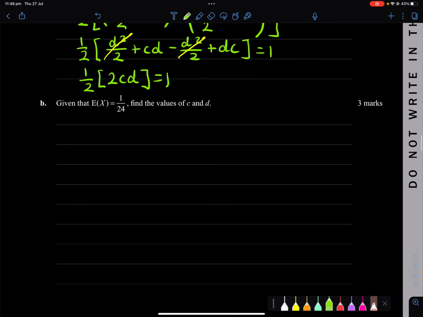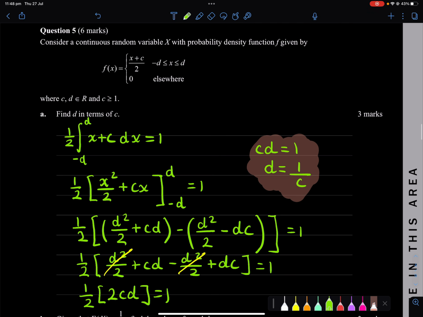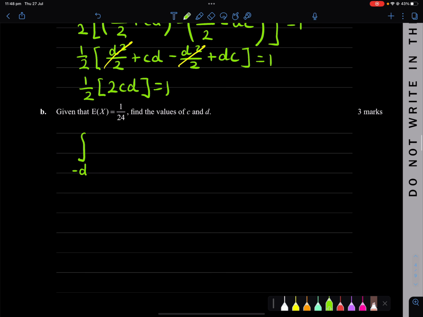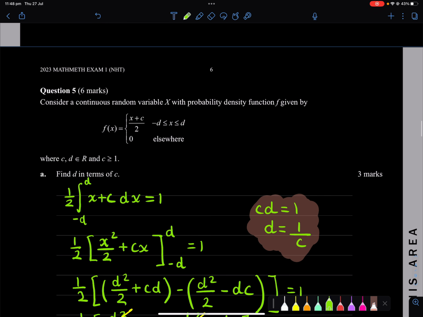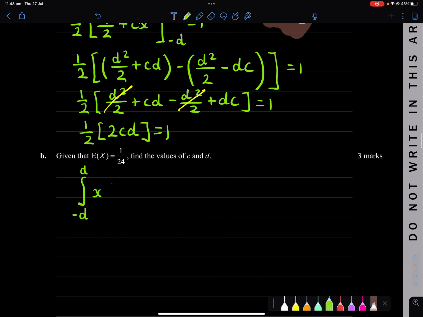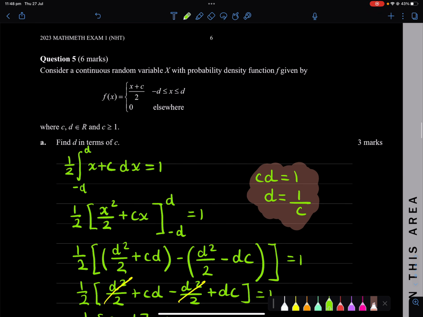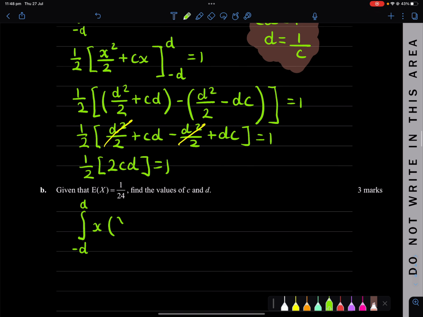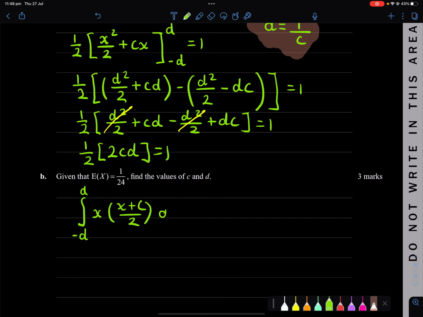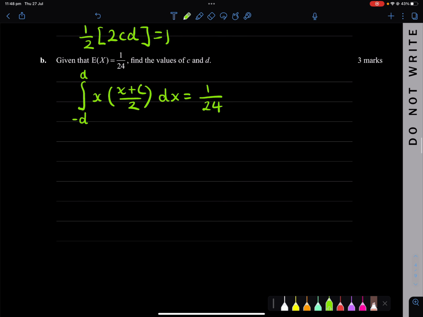Okay. Given that the expected value of x is 1 over 24, find the values of C and D. So I know that the integral from negative D to D of x multiplied by the function f of x, which in terms was (x plus c) over 2, dx is equal to 1 over 24, which is your expected value.